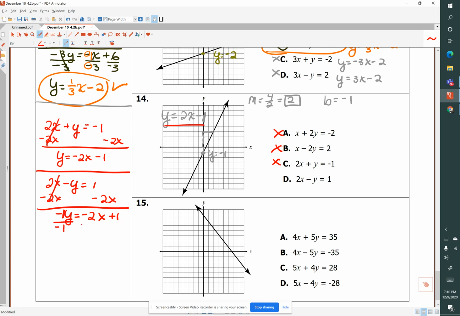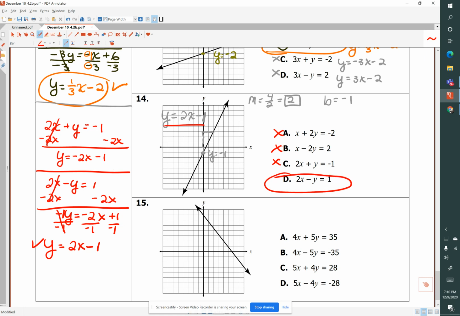We have to divide that out in all 3 places, and that gives us, this will cancel, y equals 2x minus 1. That's what we were looking for, and this is our correct answer.